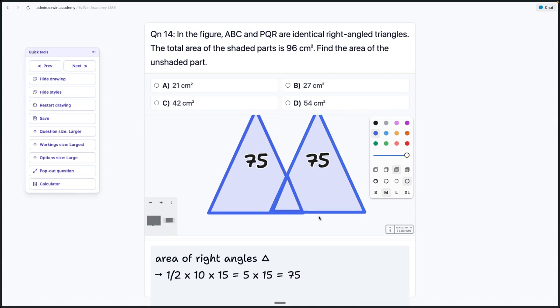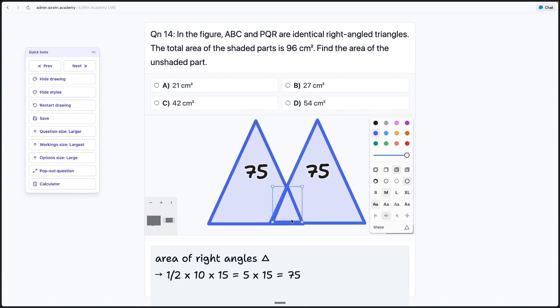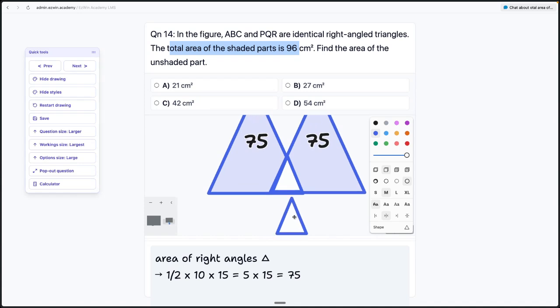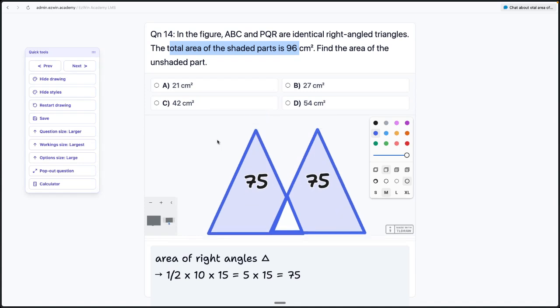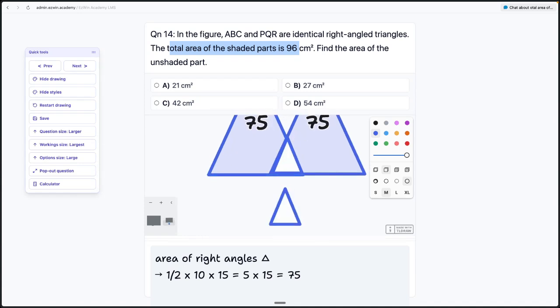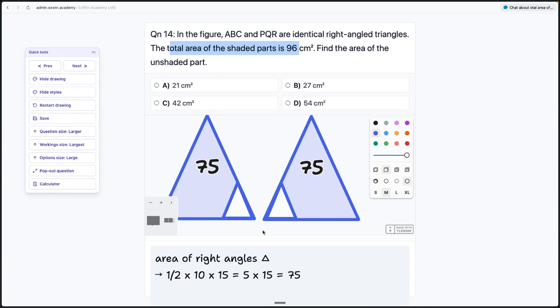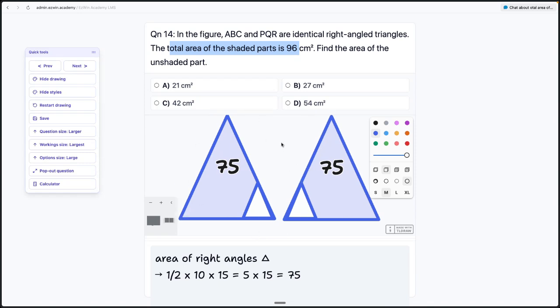So what this means is that for the overlap shape over here, if we know the total area of the shaded parts, that means if I were to put this as white color, we actually overlapped one extra part as well, as what you see over here. If I were to split the two triangles again, we have the unshaded part, right?